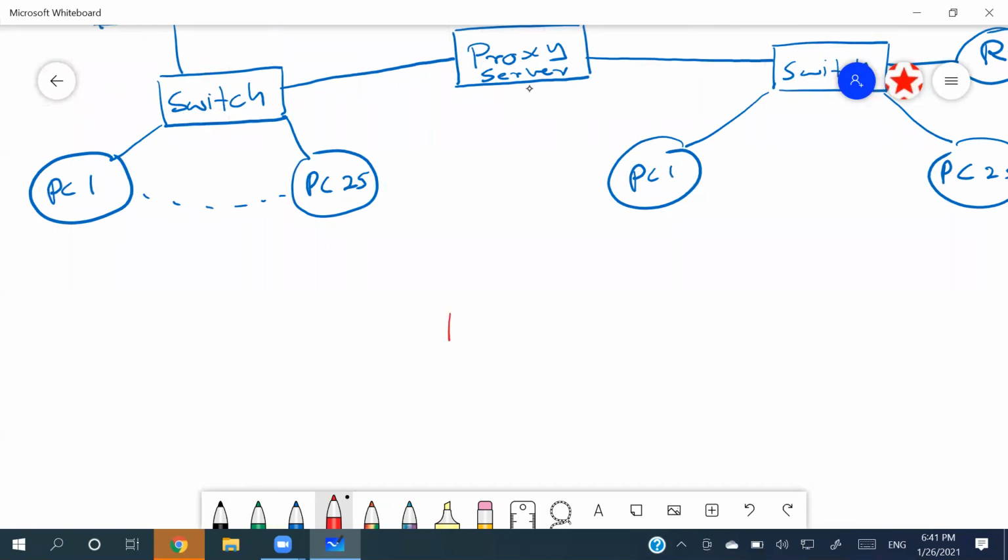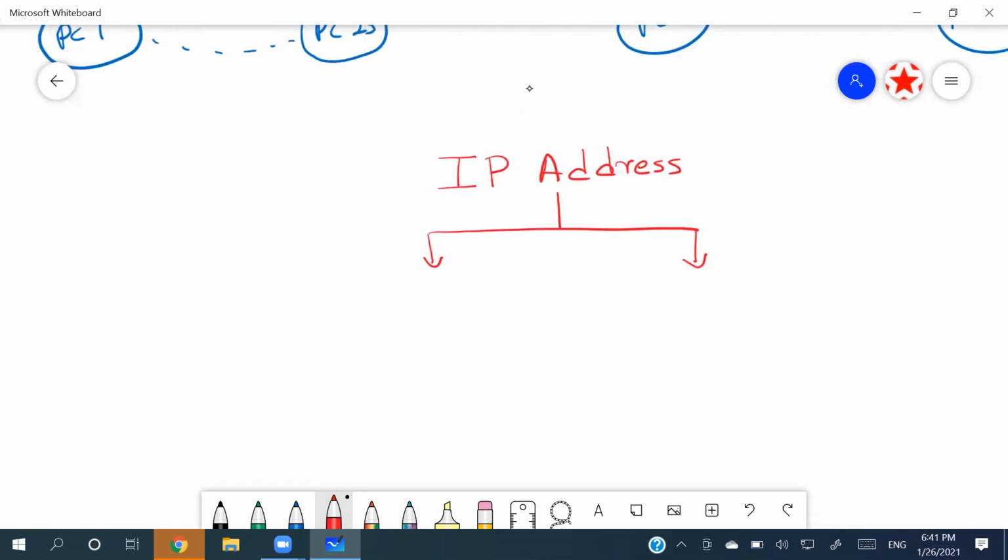Now this IP address is divided into two categories. There are two categories of IP addresses, like two versions, right? One is called IPv4 addresses. The other one is called IPv6. So this means Internet Protocol version 4.